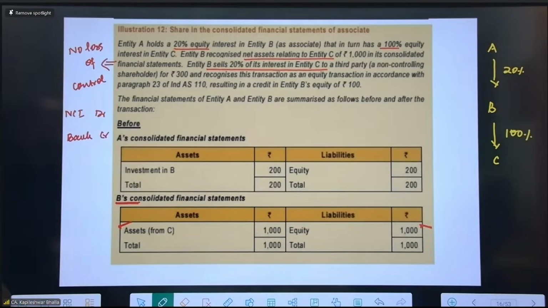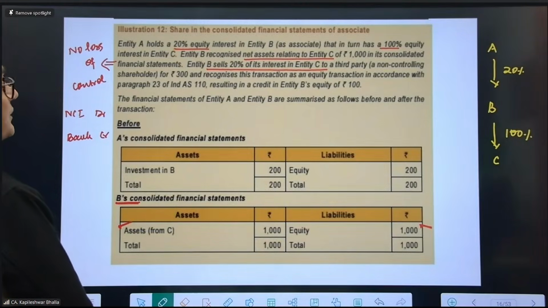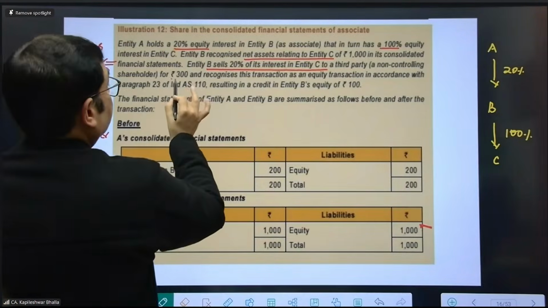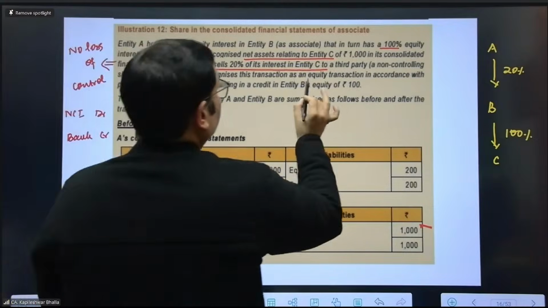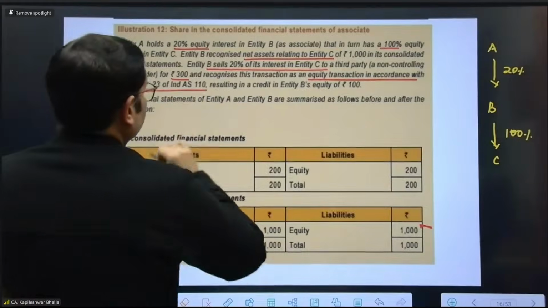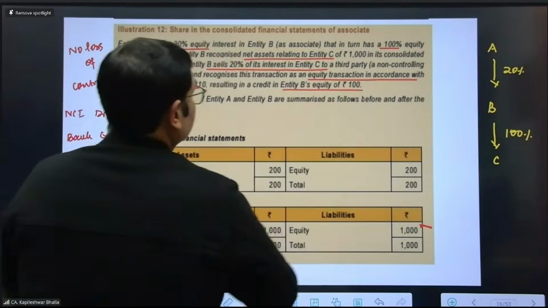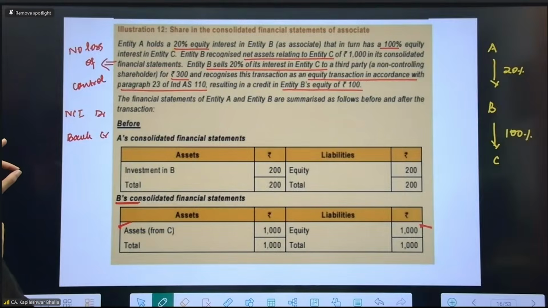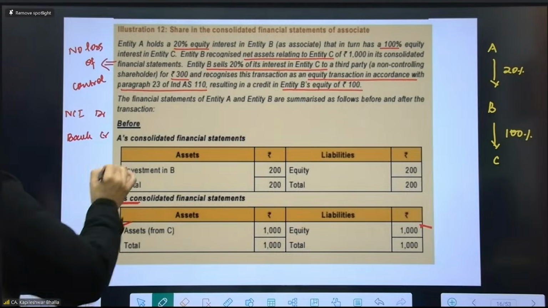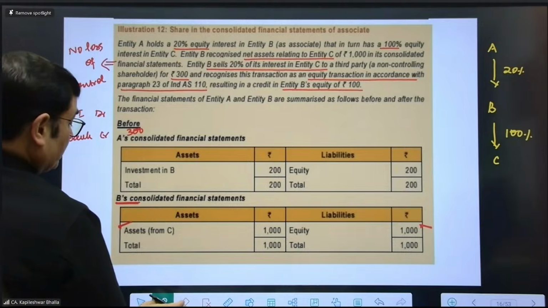Wonderful indeed. Now, it says B sells 20% interest for 300 and recognizes this transaction as an equity transaction in accordance with para 23 of Ind AS 110, resulting in a credit to B's equity of 100. So NCI would get a debit to what extent? Can I say bank gets a credit of 300? Sorry, I'm putting the reverse entry.